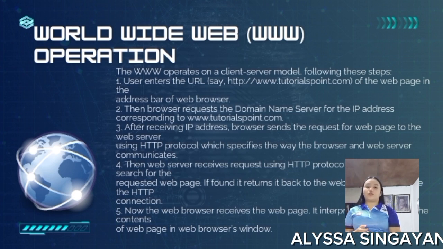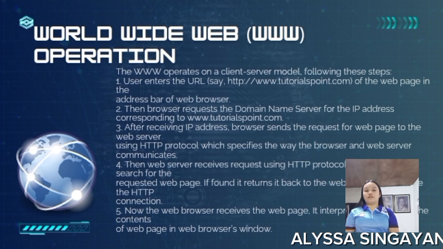Number 3, after receiving the IP address, the browser sends the request for the web page to the web server using the HTTP protocol, which specifies the way the browser and web server communicate. And number 4, the web server receives the request using the HTTP protocol and checks it, searching for the requested web page.